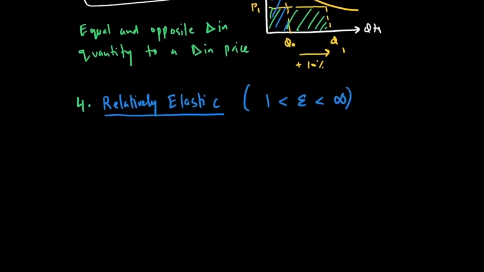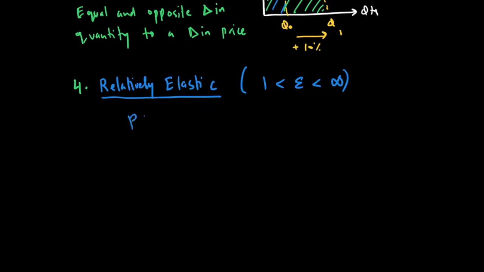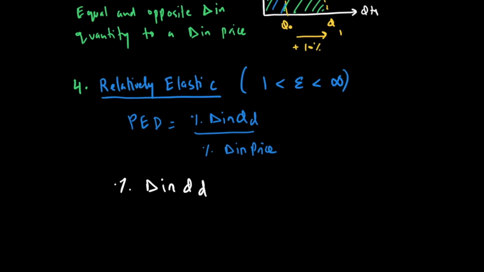Now, if you use the formula for PED, where the numerator is percentage change in QD over percentage change in price, the only way I can get a value more than 1 is where the percentage change in QD is greater than the percentage change in price.